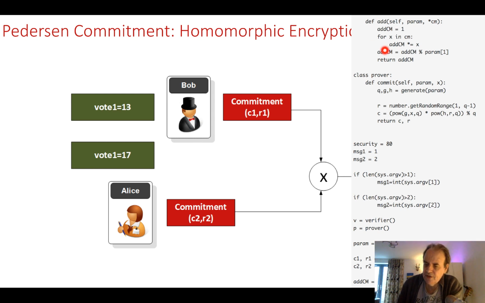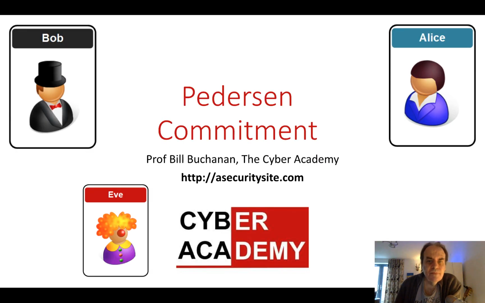As I said, there's the add function, and in this case we're passing the two commitment values into here, and we're multiplying them together, and that's equivalent to adding and then returning the value back. In this way we can get a commitment for all of the votes cast.